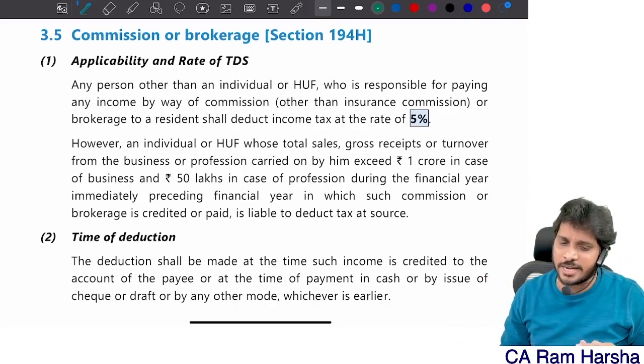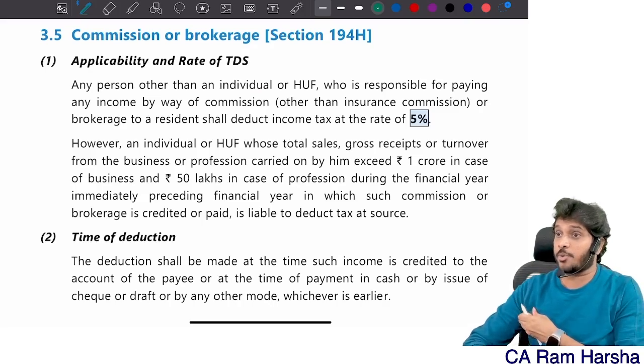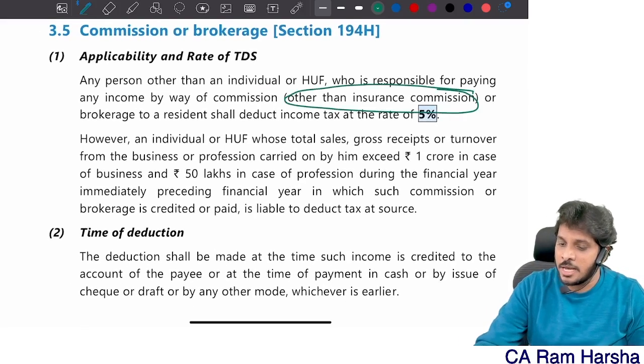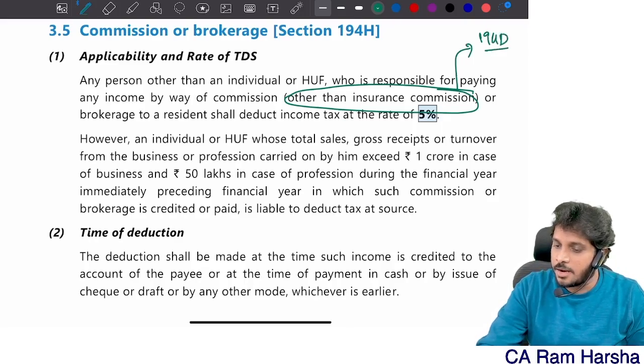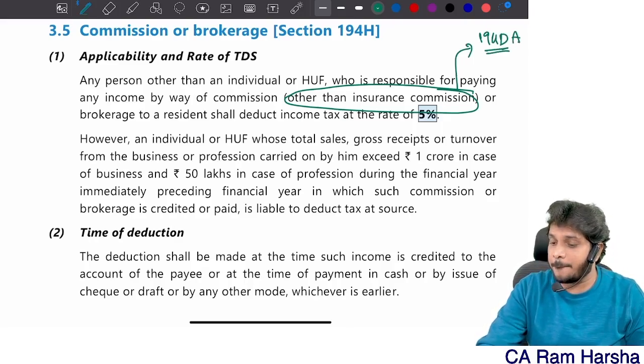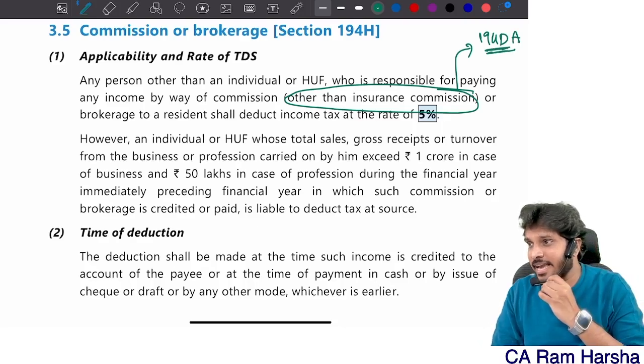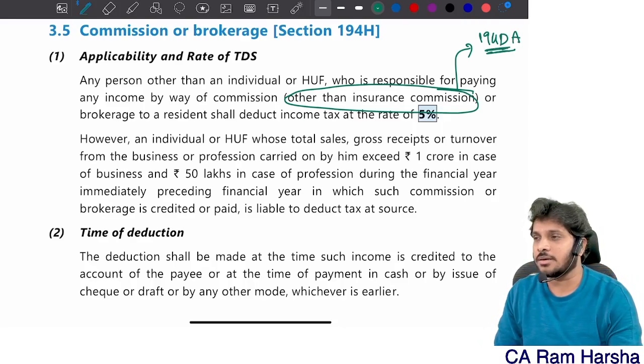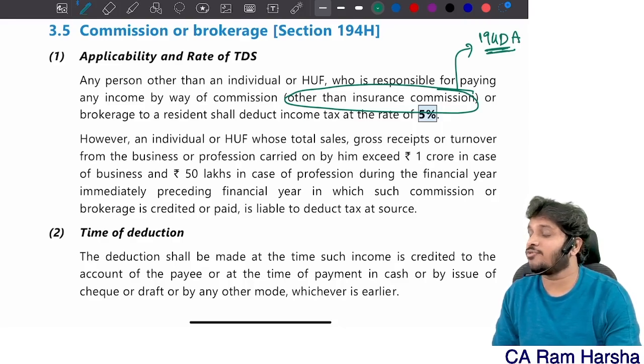194H. What is 194H? Commission or brokerage. Which commission or brokerage? Other than insurance commission. Insurance commission is there under 194D. No, DA. 194DA. Insurance commission is discussed under 194D. Not that, I think. 194G.